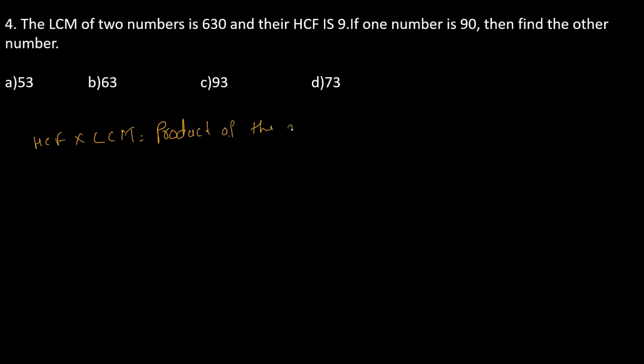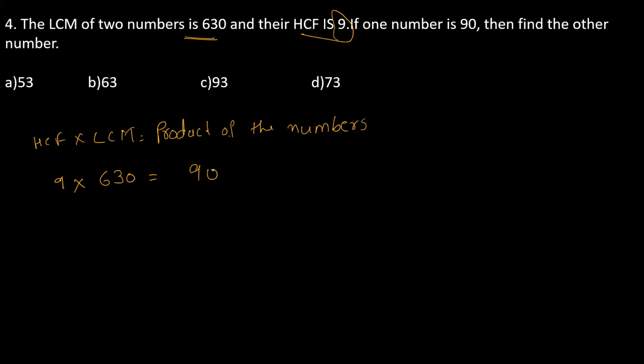Product of the numbers. HCF is 9. 9 into, what is the LCM? LCM of two numbers is 630. 630. The one number is 90.